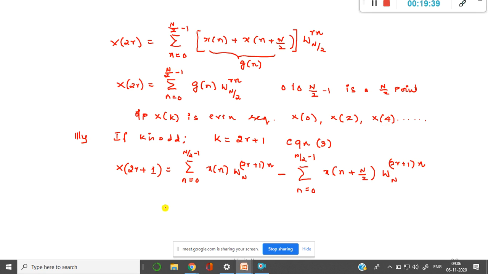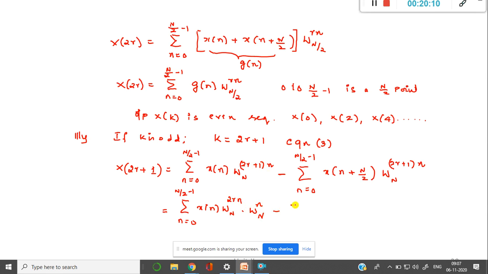That's it. Finally I can write this once again by splitting W_N to the power of 2r plus 1 multiplied with this small n. So I'm going to get this equation as n equal to 0 to N by 2 minus 1, x of n W_N to the power of 2rn into W_N to the power of n. Simple, right?